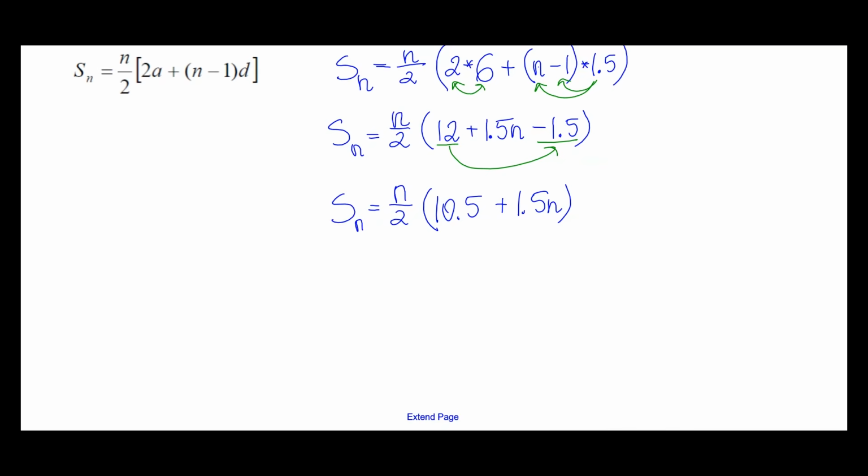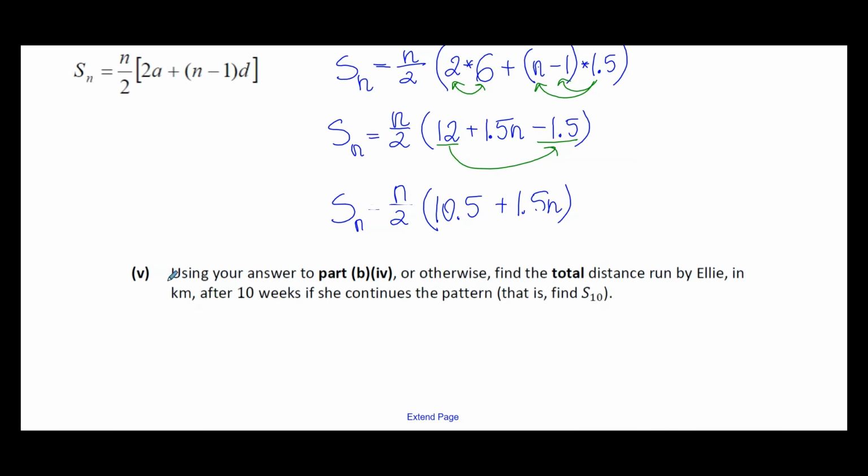Okay, let's have a look at the next part. Using your answer to part B4, so that's my answer. Otherwise, find the total distance run by Ellie in kilometers after 10 weeks if she continues the pattern. That is, find Sn. So I'm looking for S10. So total of what she ran together in week 1 and then in week 2 and week 3 and so on.